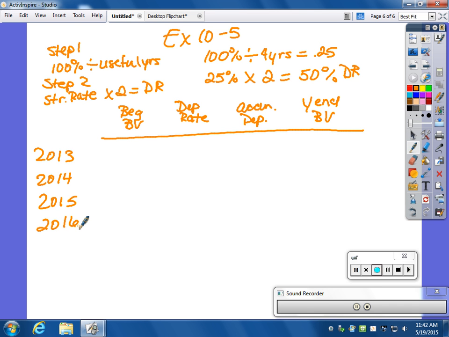So what's the beginning book value for 2013? 154,000. What's the double rate? 50%. What's the accumulated depreciation? 332,000. No, that was straight line. We're on double declining now. What's your annual depreciation? Not accumulated, just annual depreciation.